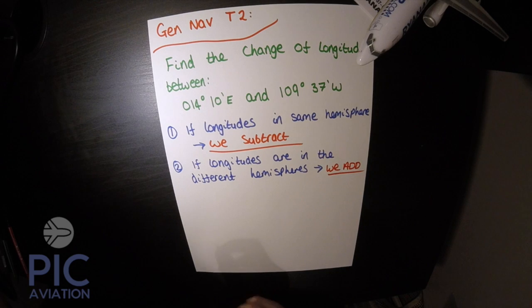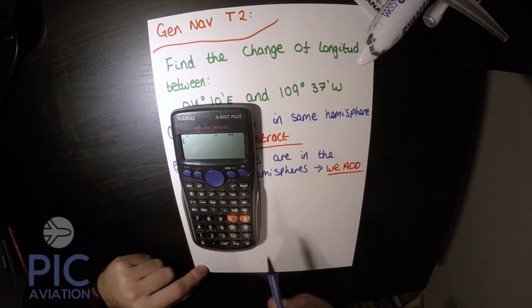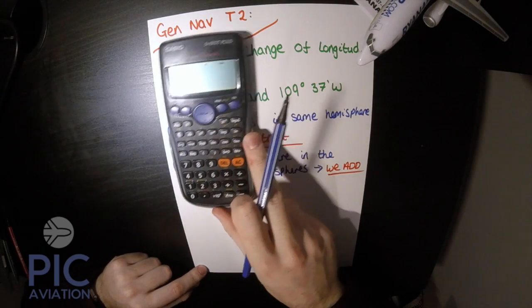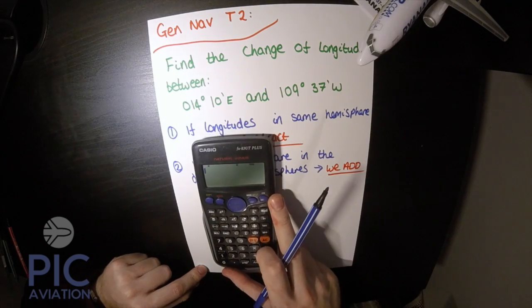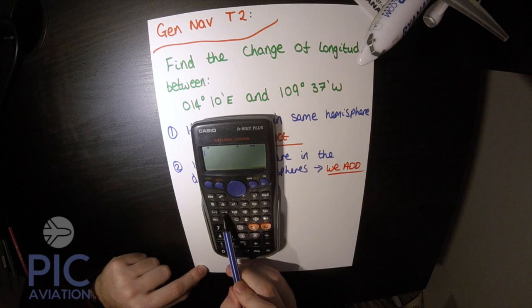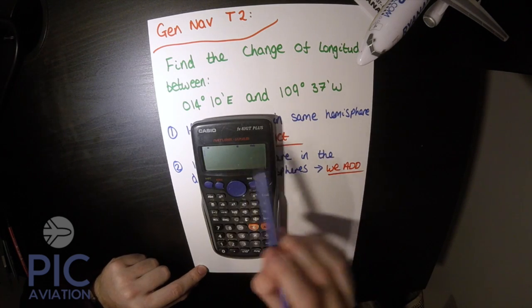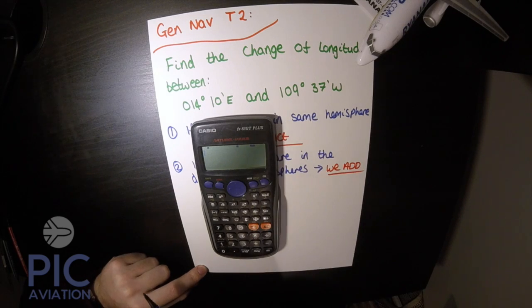Again, I'd invite you to bring along your scientific calculator, preferably something like this, it would be easy for your ATPLs. What we're going to do is plug in these two numbers using our DMS button, our degrees, minutes, seconds button, which is this button here. So I'm going to input it just as I've been shown in the exam question.